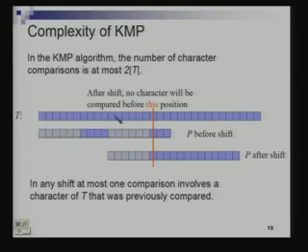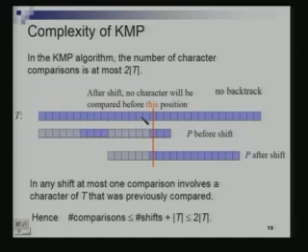So each character of the text which is ever part of a successful comparison is compared only once. There is no backtrack happening. We don't ever go back, right. So the number of successful comparisons is at most the size of the text.